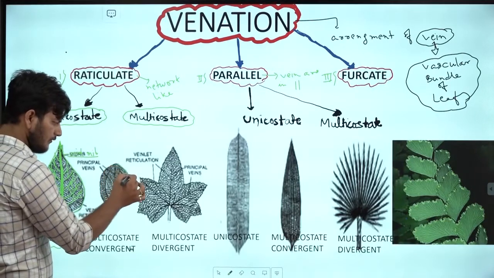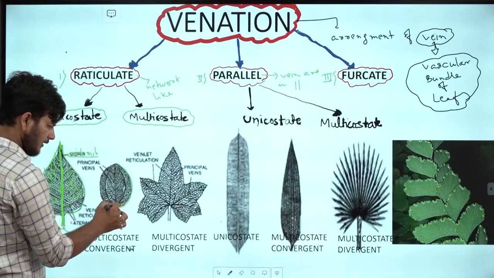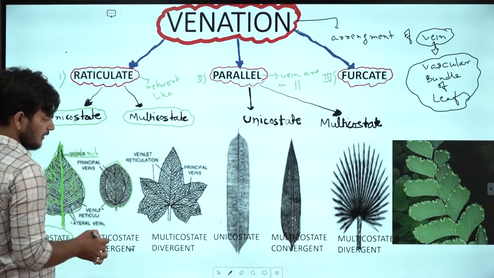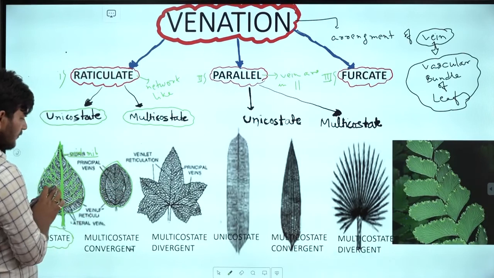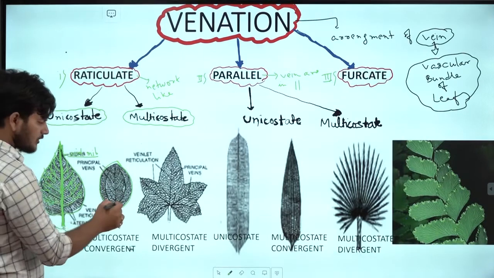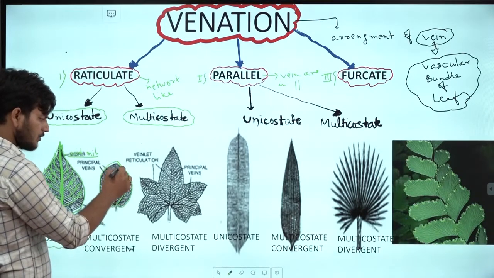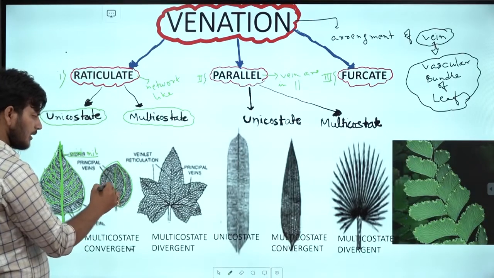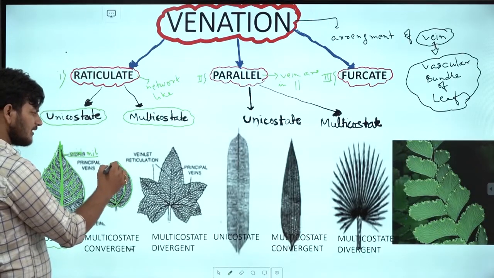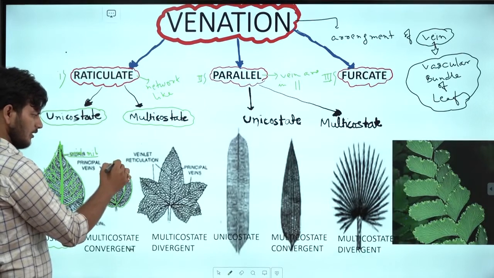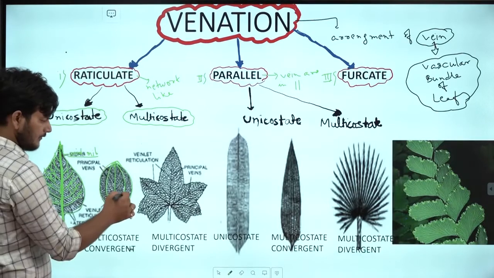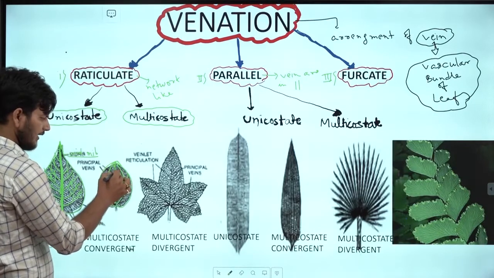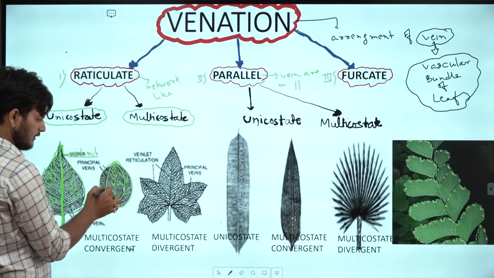Now in this first figure, see here, this figure is interesting. It doesn't have a midrib concept. Actually, a large number of ribs originate which are somewhat parallel to each other, but they converge at the tip of the leaf. From these, a number of secondary and tertiary veins originate. I am showing you like this.